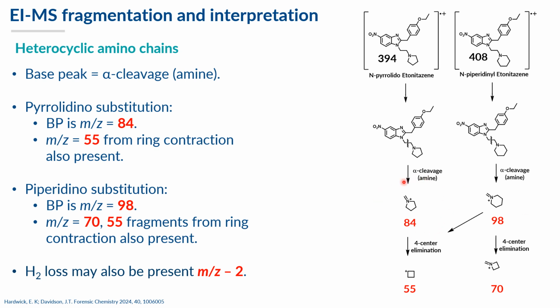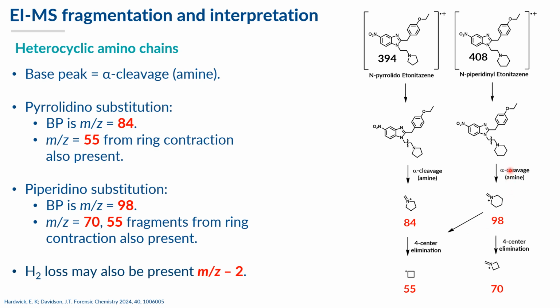The pyrrolidino iminium ion undergoes a ring collapse through 4-center elimination to form the cyclobutyl cation at 55. So a combination of a base peak of 84 and a secondary peak at 55 is diagnostic for a pyrrolidino substituted nitazene.